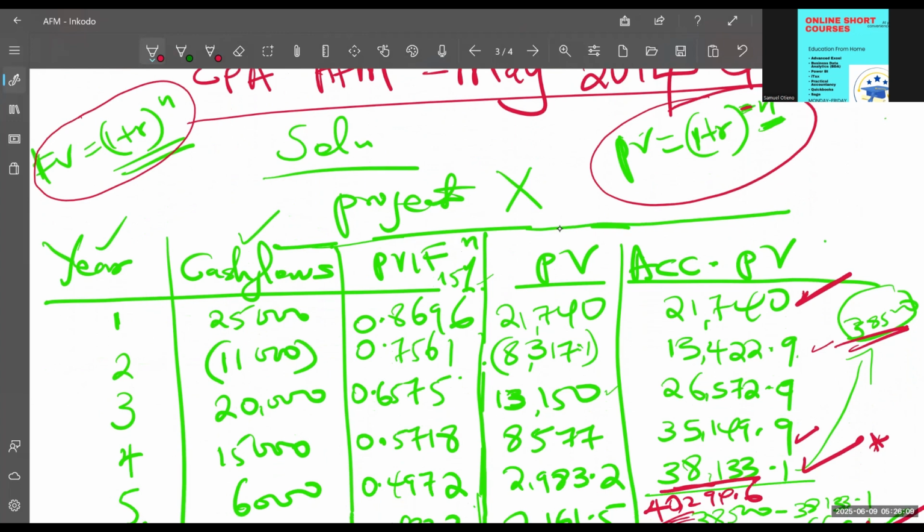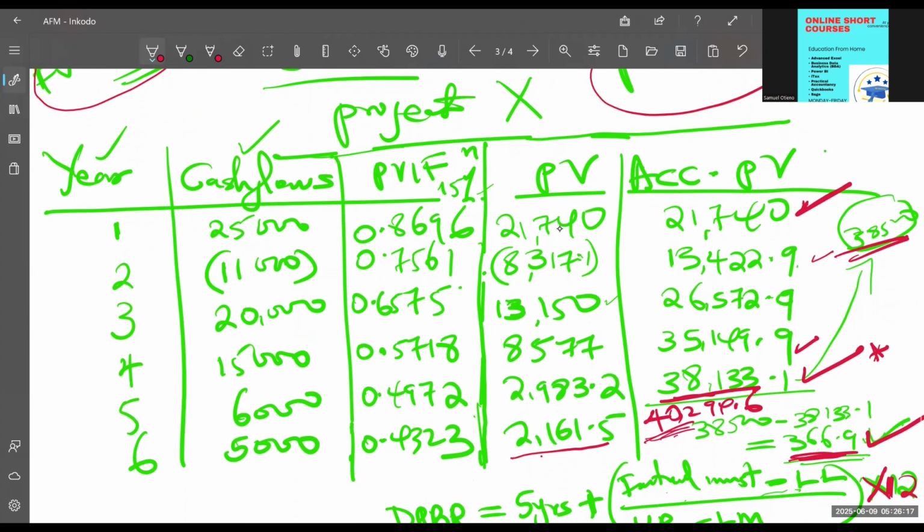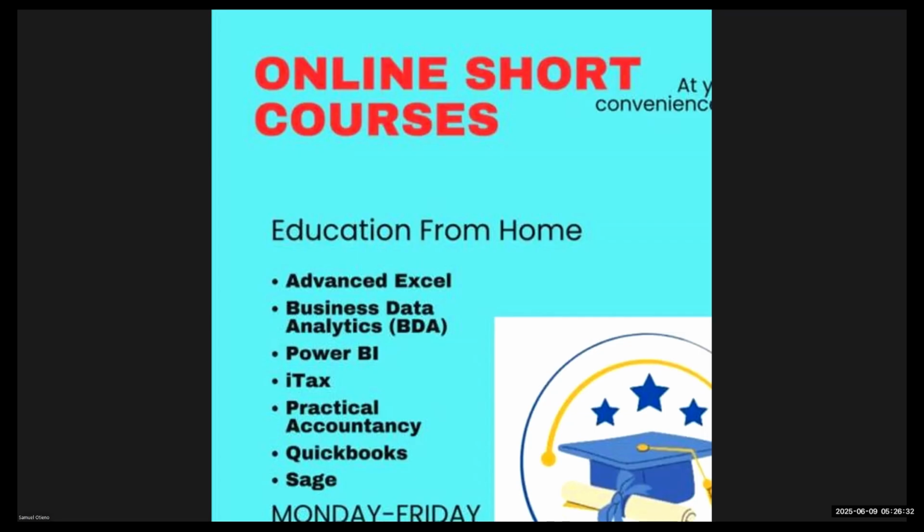Now here, we did a solution where we were discounting the cash flows expected from Project X. And you remember how we were getting the discounting factors? I told you two ways of getting the discounting factors. You can get the discounting factor using your calculator, or in most cases in an exam room, you will be given a discounting table, and there you can see the discounting table, which I'm showing to you right now.